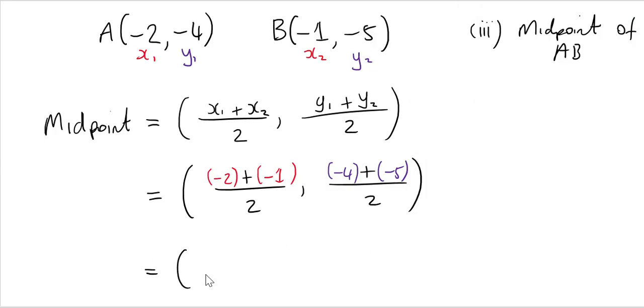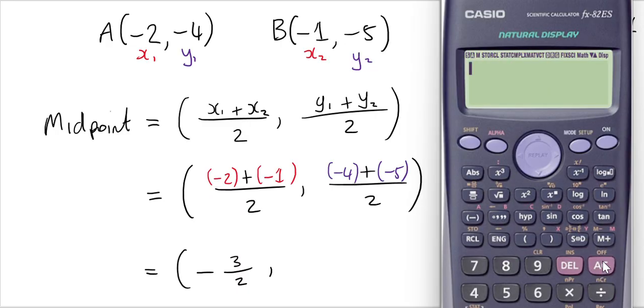Fire that down. And for the other part, we've got fraction button again, open bracket, -4, plus bracket -5, all over 2.